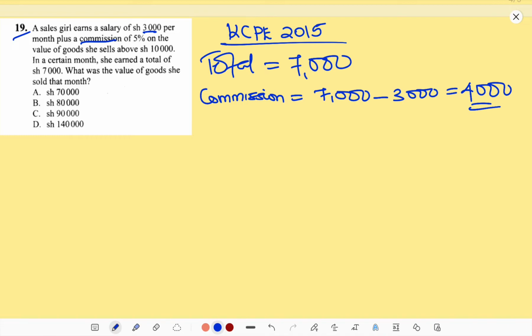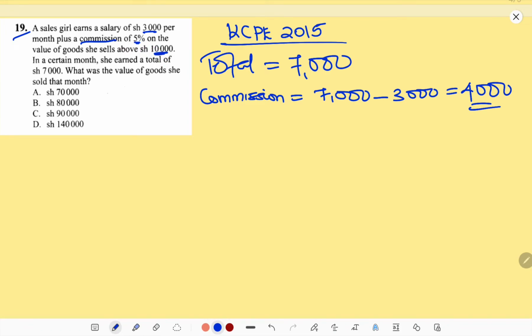Now, first, let us explain the concept of commission. Commission is whereby an employer gives employees some money to motivate them based on the sales that they make. For instance, in this case, if the salesperson sells anything more than 10,000 a month, they are going to get 5% commission.